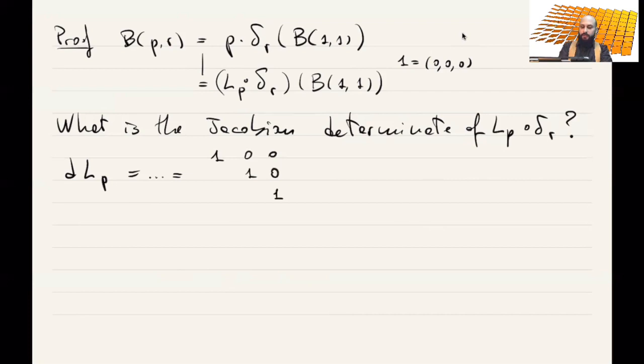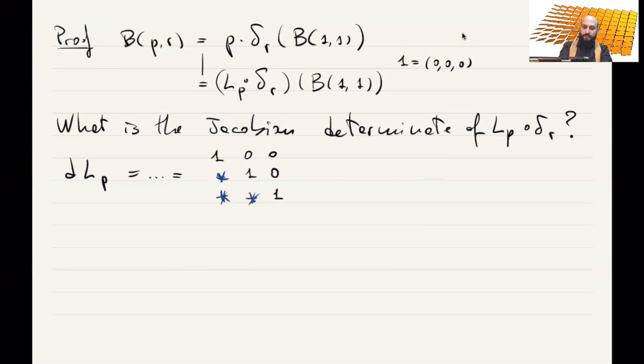Here there was minus y over 2, and here there was x over 2. It's not really important to remember what it is, but we had some things here: 0 there, something here, something here.